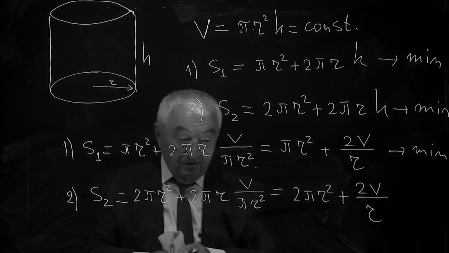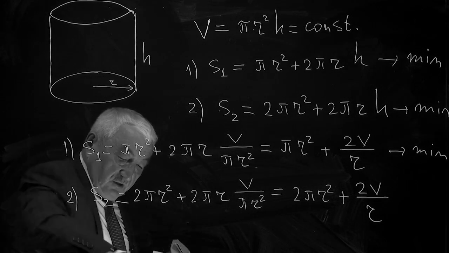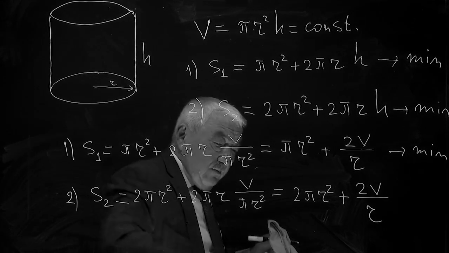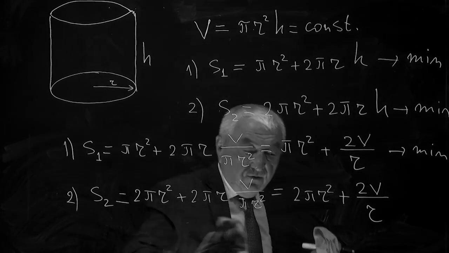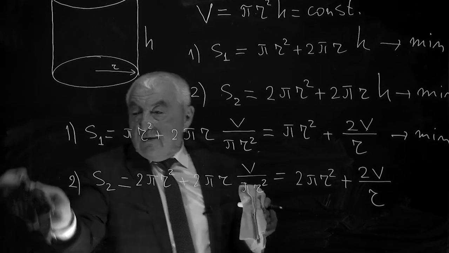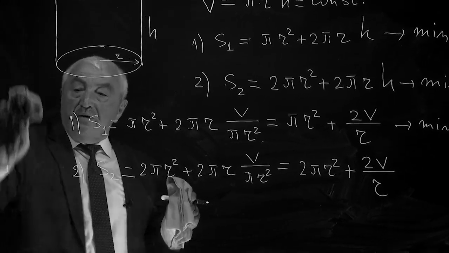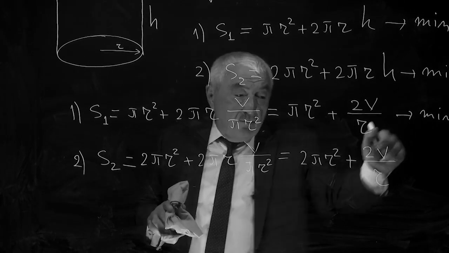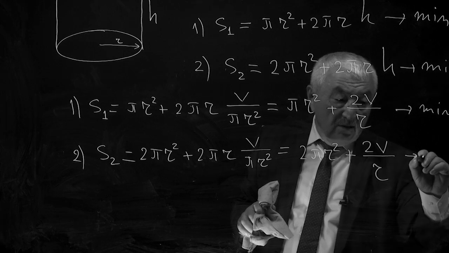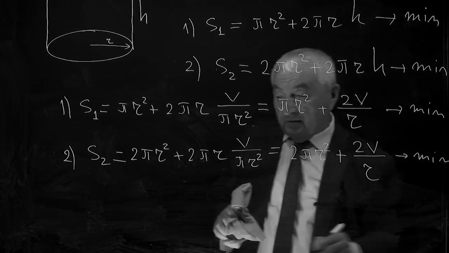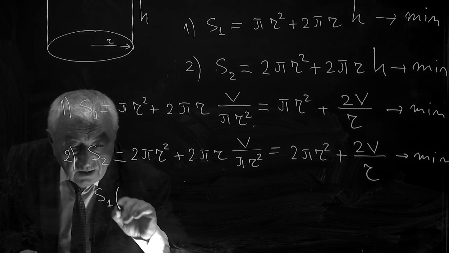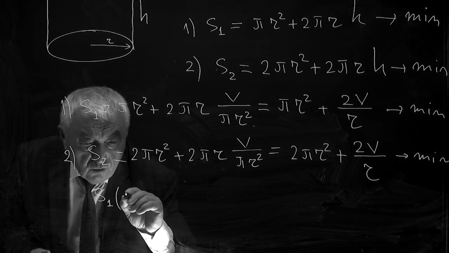It is a very interesting problem. It is interesting to note that the solution of the first problem and the second, there is solution. Two solutions. In order to find the minimum value of this surface S1, S1 is a function only of r.